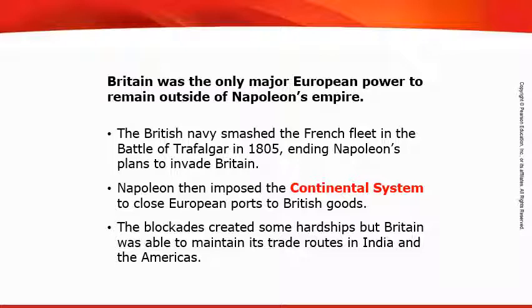This blockade created some hardships for Britain, but still Britain survived this tough time. France tried to stop the British trade routes between India and America, but still Britain managed to maintain its sea trade.